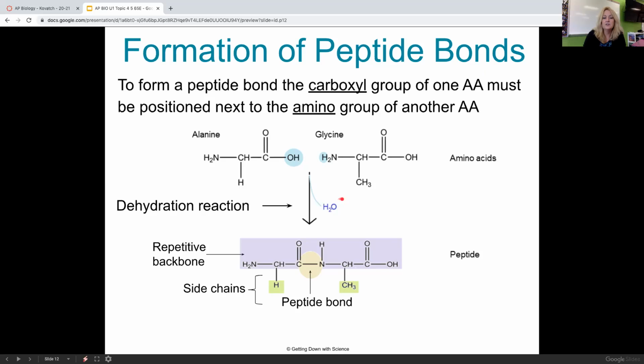So that's a dehydration reaction. And the bond that results, the oxygen that's left bonding to the rest of the amino group, is what we call a peptide bond. We don't have special names for all the bonds for the other monomers that are joined together, but for the formation of a polypeptide, we do call those peptide bonds.